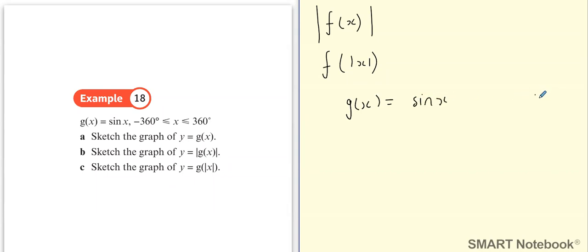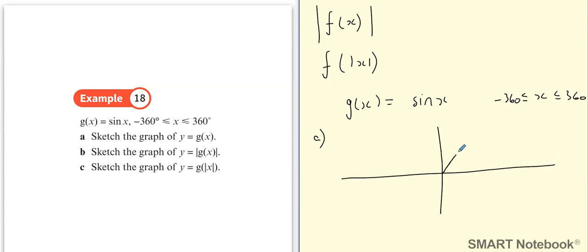Your domain is minus 360 to 360. And part A is sketched out. We know what that looks like. It's just a wave, something that looks like this. So here's 360, here's minus 360, 0, 1, and minus 1.